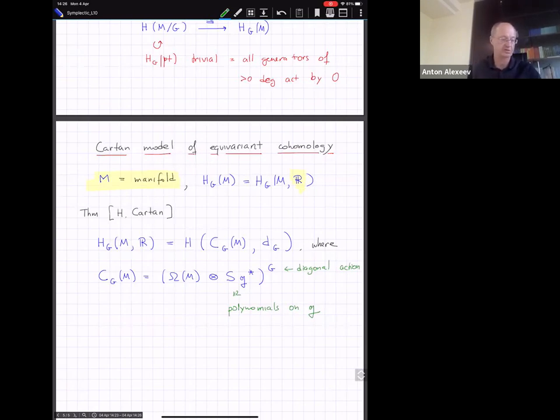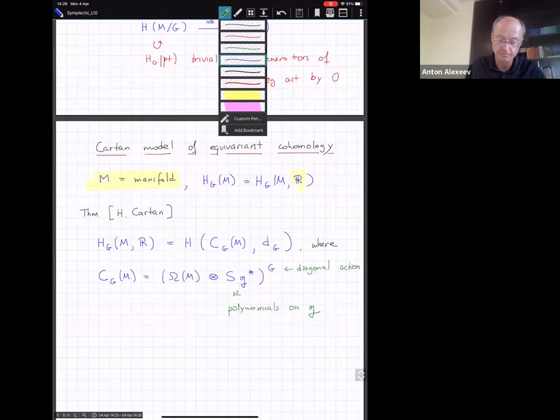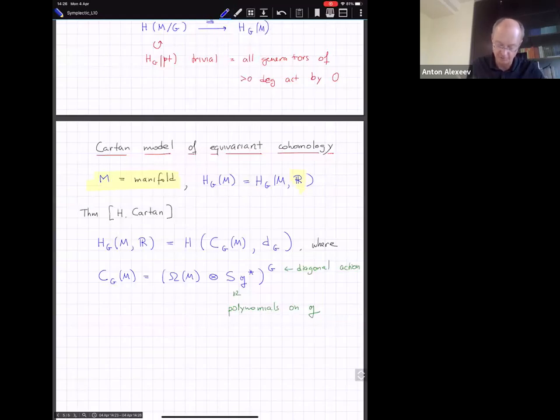So that gives us some kind of graded vector space. And for the grading, we are saying the following. C_G of M in degree k is equal to the direct sum of Omega^i of M times S^j of g star, where i plus 2j is equal to k.